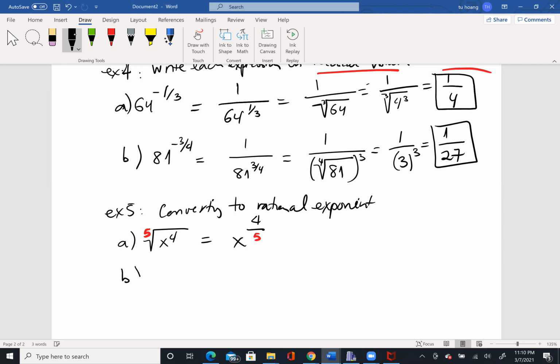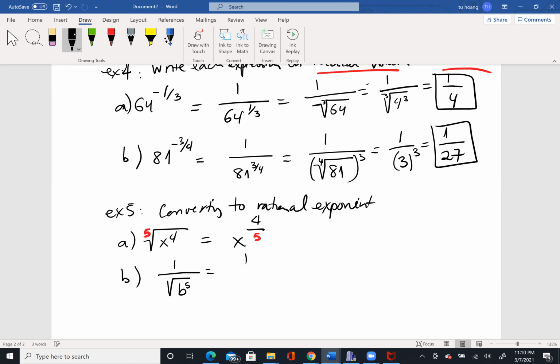And B, let's say 1 over the square root of b to the power 5.